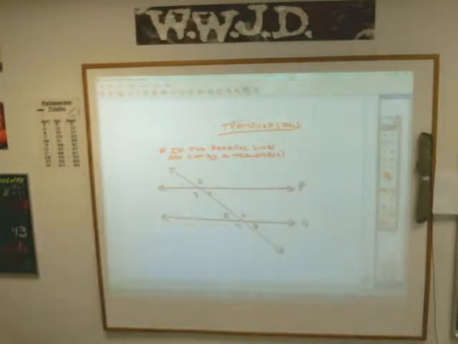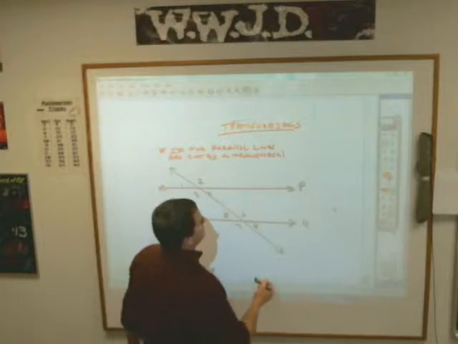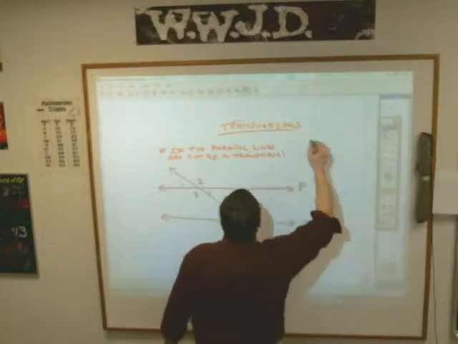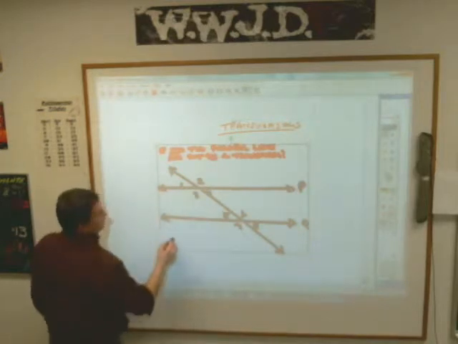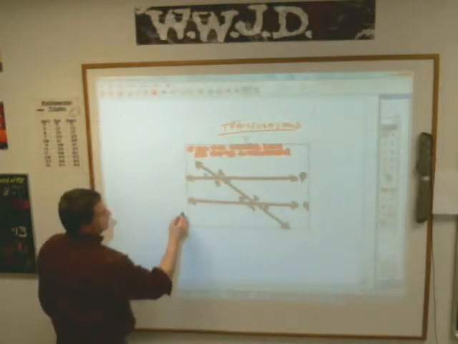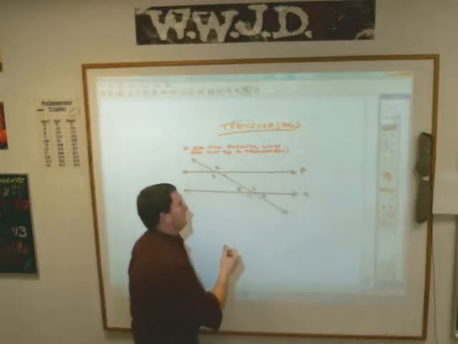The first one is corresponding angles. I don't have enough room. Let's shrink it all up again. Definition number 1.